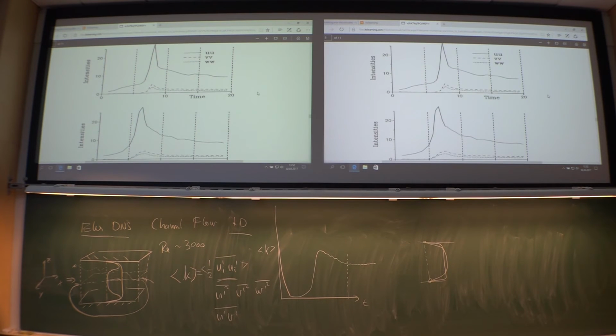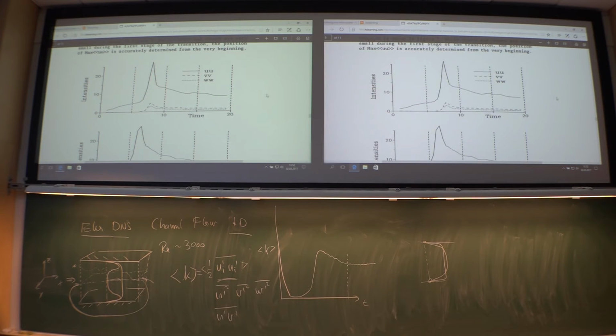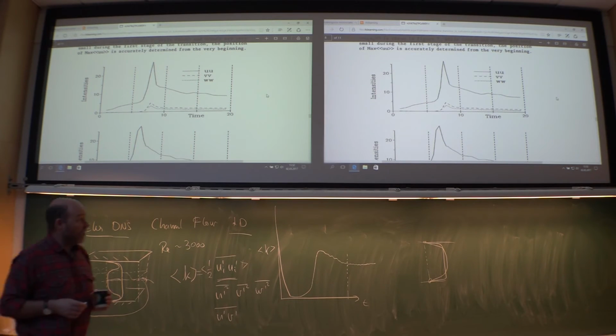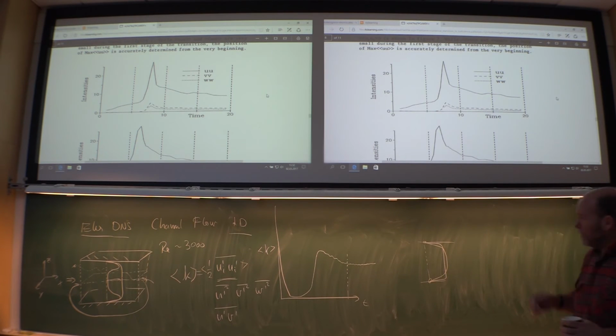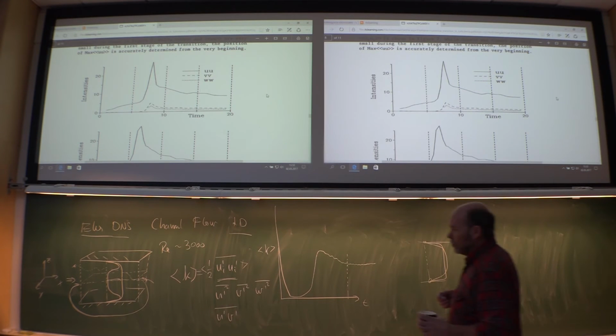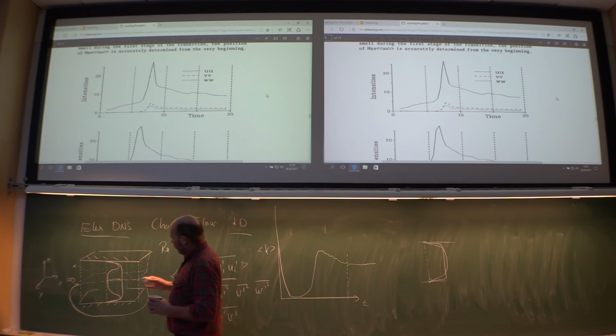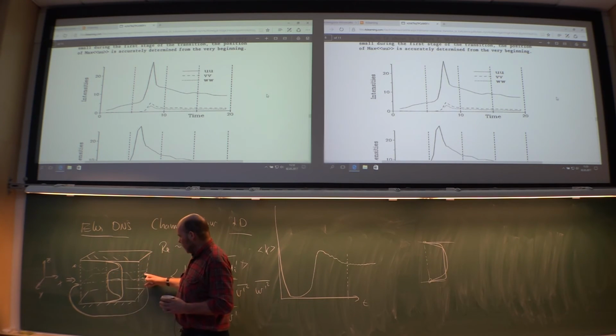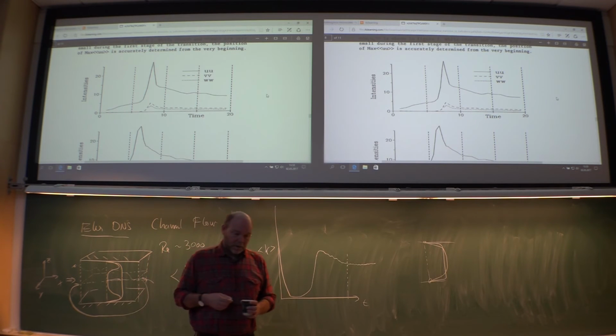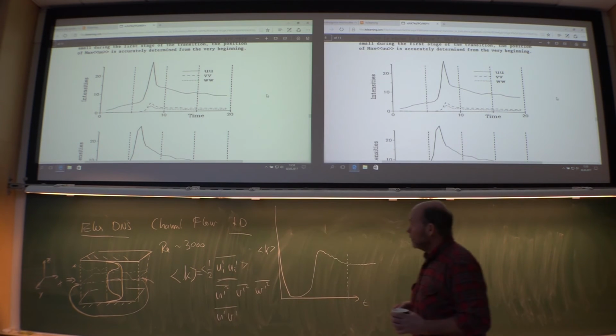So here you have the different intensities as a function of time. So I had to do many non-dimensional time units here. One time unit here was actually the time it took from the average velocity to go from an inlet to an outlet. And that was many thousand time steps.